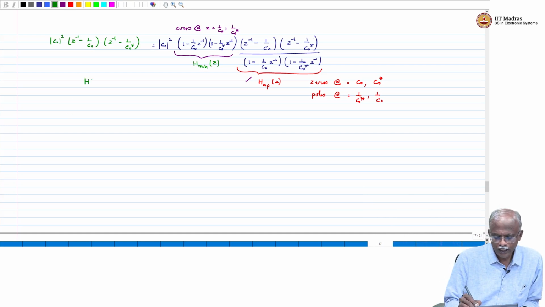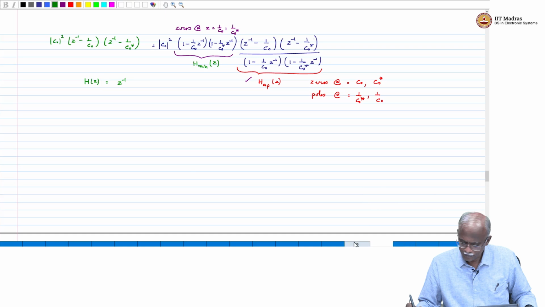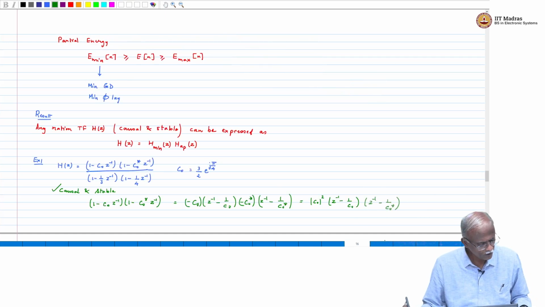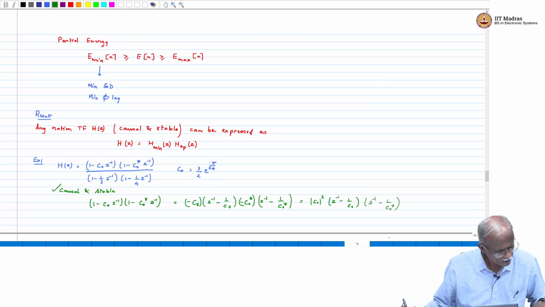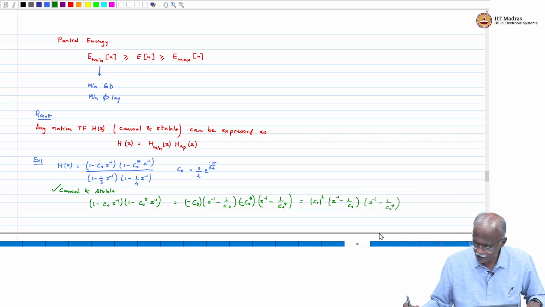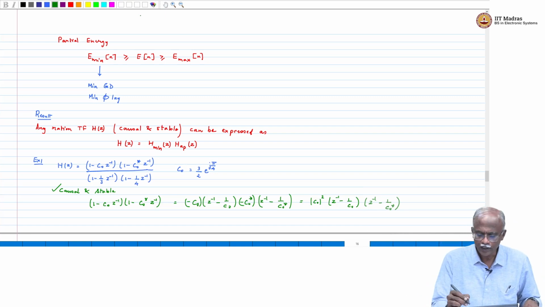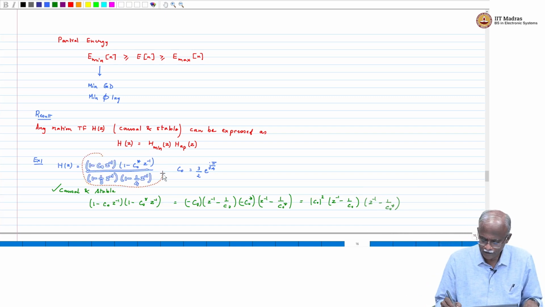So the original transfer function H of Z, which was Z inverse, let me just make sure, 1 minus C naught Z inverse, right? That was how it was. Okay, let me just copy paste this.